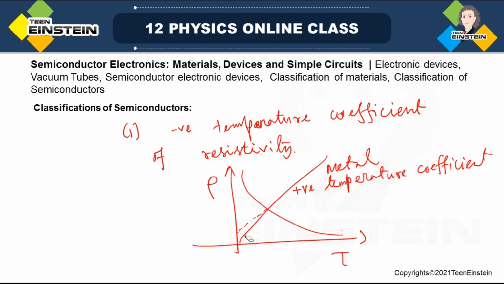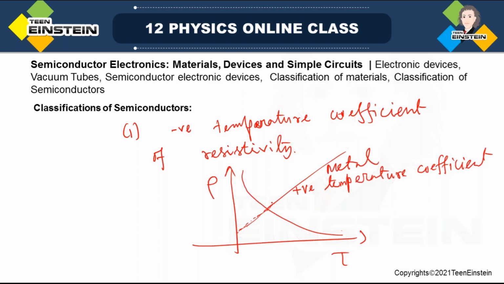Okay, resistivity never becomes 0 in normal case of conductor. There are superconductors at certain temperature their resistance will be 0. So generally it starts from here for metal. And there are many other complexities of resistivity plot with temperature. Those complexities we are not going into.